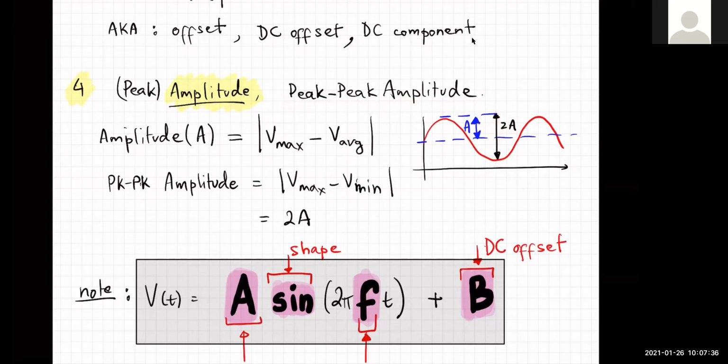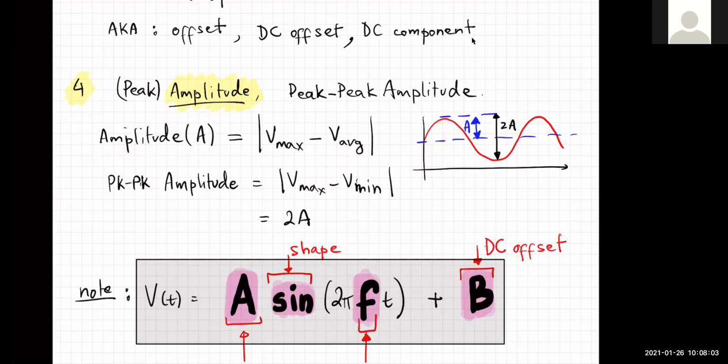Some texts will use this to be the definition of amplitude, and some will use the other definition. You just have to be careful in reading your texts or using your equipment what definition of amplitude they're using. But most commonly, the definition of amplitude is this displacement from the average.